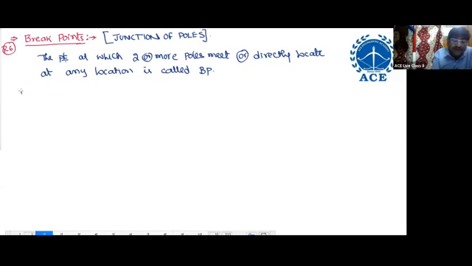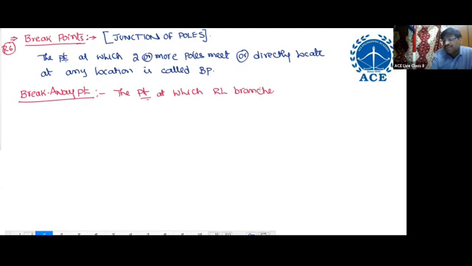Next, the breakaway point I told. The point at which root locus branches move away from the point is called the breakaway point. This is the standard definition.